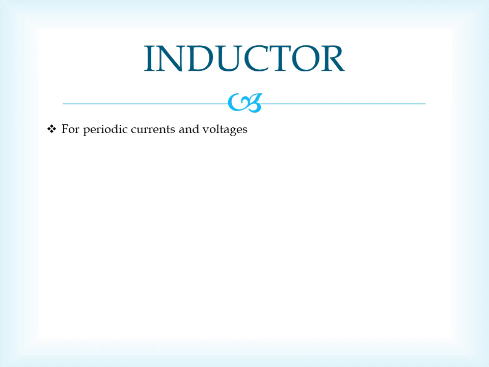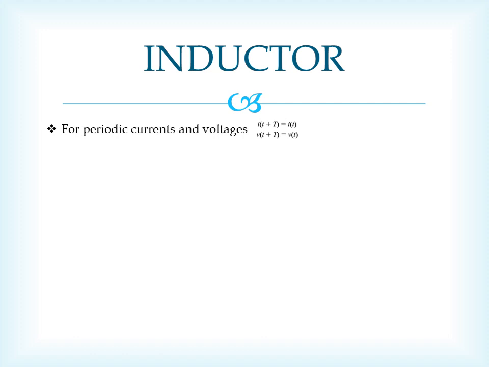For periodic current and voltage, for any time period capital T, the value of current at any instant plus the time period will be equal to i(t), and similarly the voltage. So you clearly know that it is a repetitive voltage or current waveform.